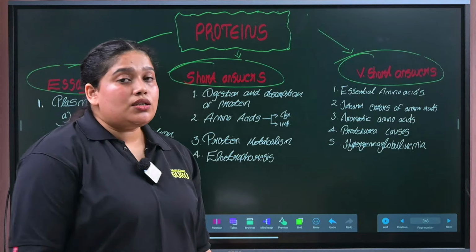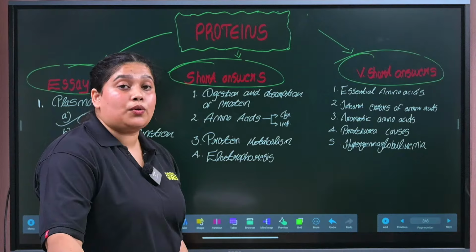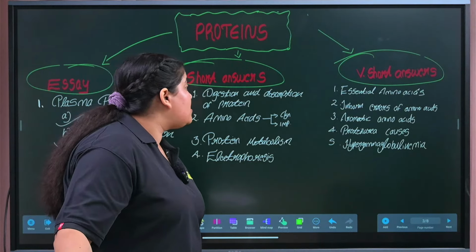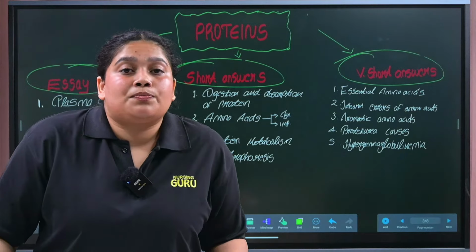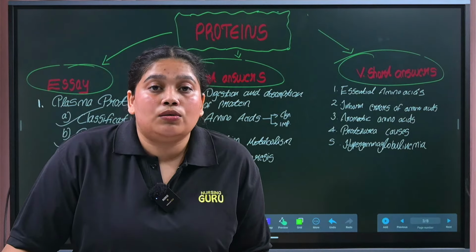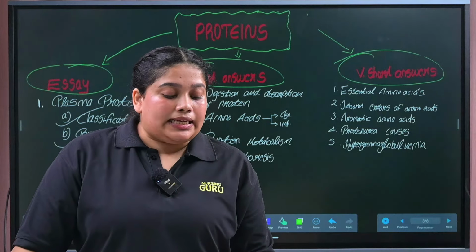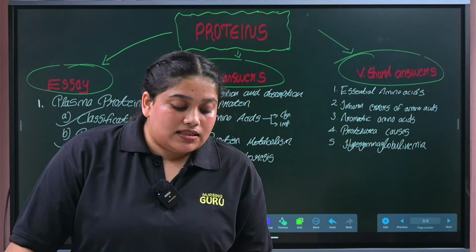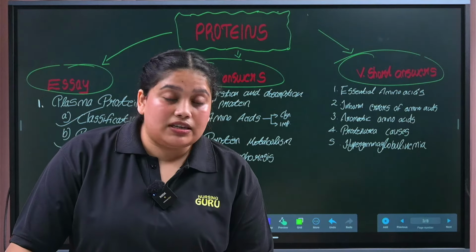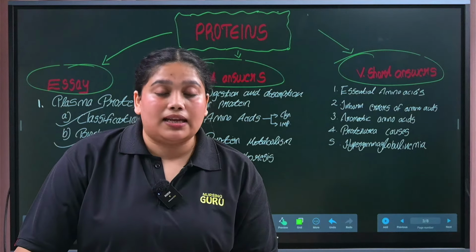We'll move on to the short answers. We have 4 short answers we can expect from the protein chapter. First one, digestion and absorption of the protein. So write down what is protein and start to write with the digestion. How the digestion is happening. Mainly protein digests in the stomach and in the small intestine. And where is the absorption happening? In the jejunum and ileum.